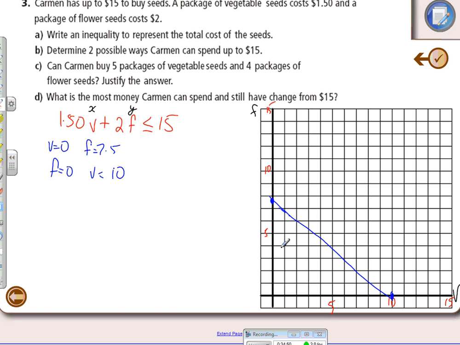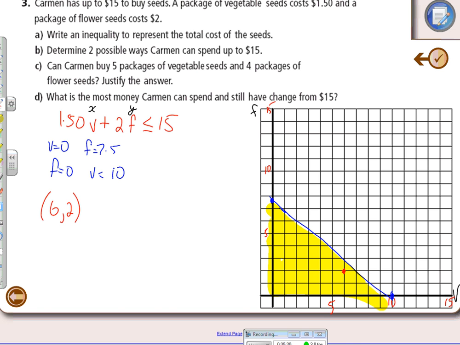How about 6, 2? There's a point right there. You can go ahead and buy 6 veggie seeds and 2 flower seeds. That point is underneath here in this area. Anything in that area we can buy, including this line as well.